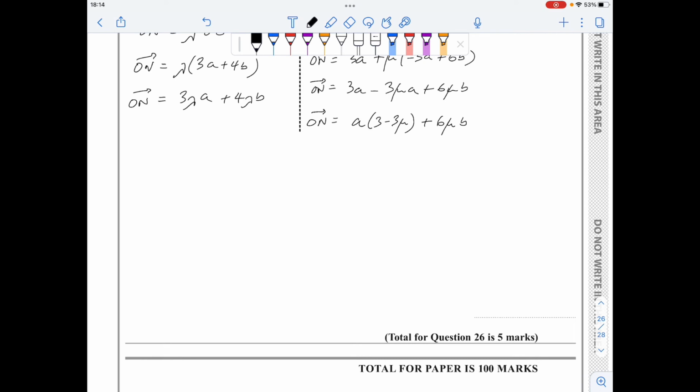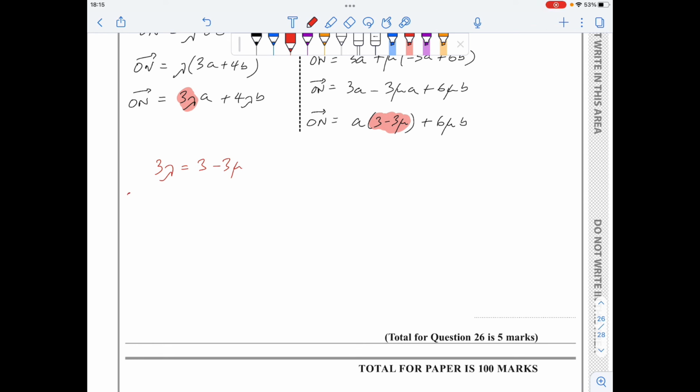The next step is to equate the A's on the left with the A's on the right and the B's on the left with the B's on the right. So I've got 3 lambda A's on the left. I've got 3 minus 3 mu A's on the right. So I have 3 lambda equals 3 minus 3 mu.